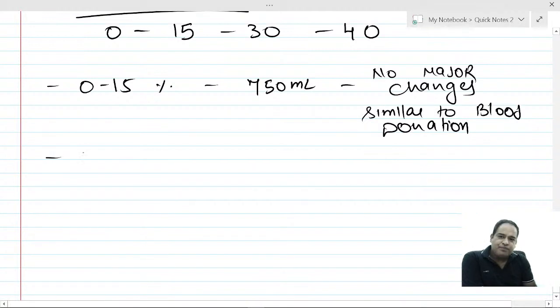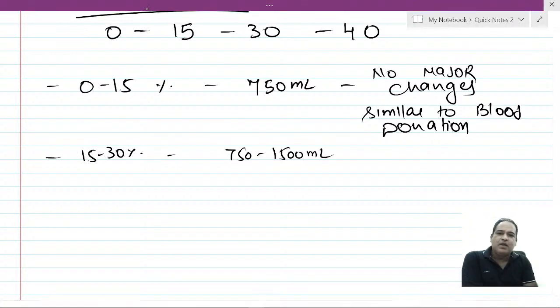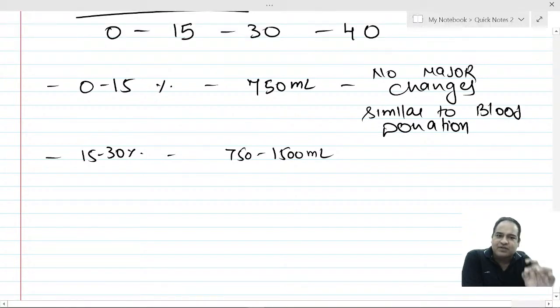Now, 15 to 30% blood loss, that means 750 ml to 1500 ml. The only thing worth remembering here is that the kidney will be the first organ to be affected.